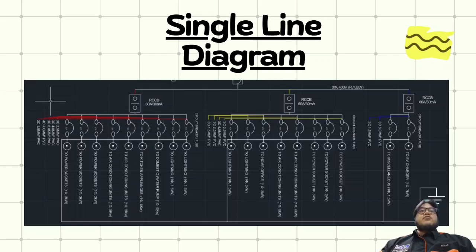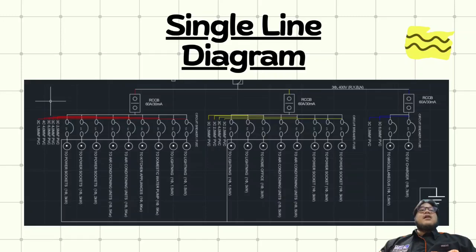From this control point, the electricity is energized across a common copper bus bar, which acts as a distribution spine for various sub-circuits. These sub-circuits are strategically segmented to ensure that high demand loads do not interfere with sensitive ones.